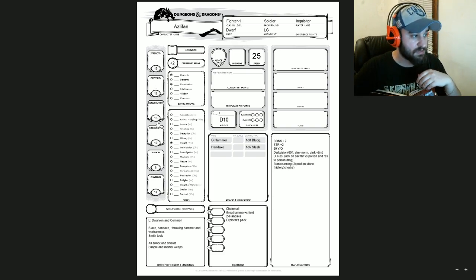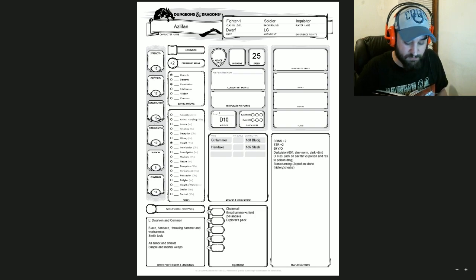Okay, let's say that these were our stats, right? So we would probably go with something like this. We would have a 15 in strength, a 14 in constitution, a 13 in dexterity, a 12 in wisdom, a 10 in intelligence and probably an 8 in charisma, or vice versa, 10 in charisma and 8 in intelligence, depending on how you want your character to be.